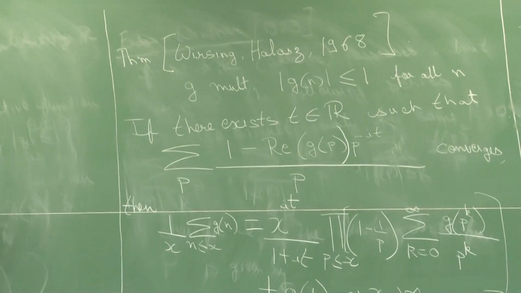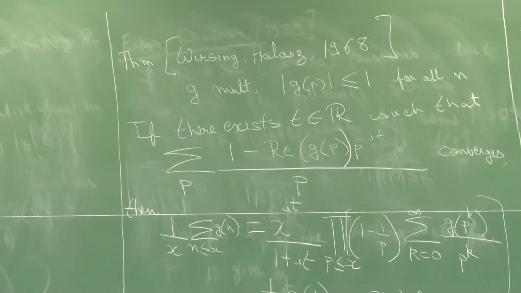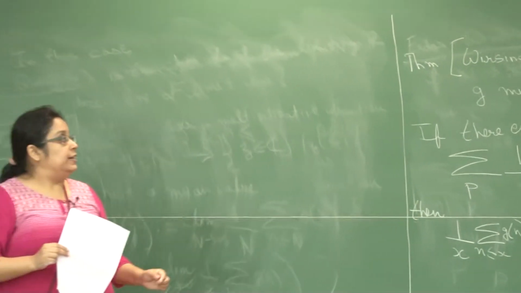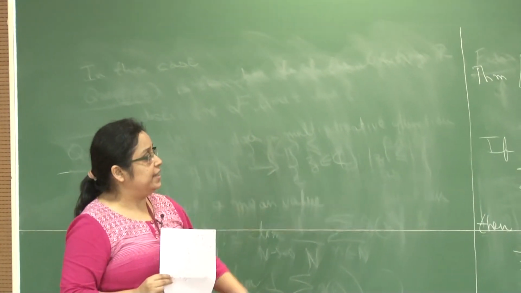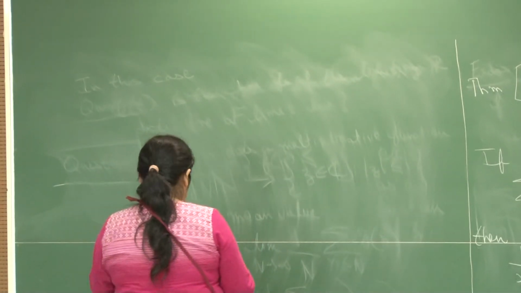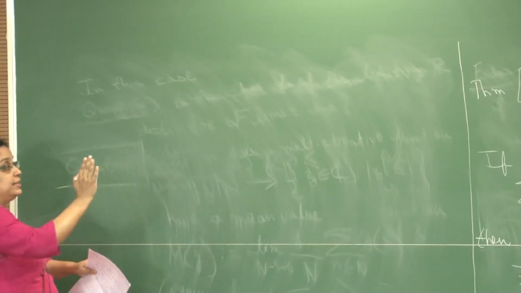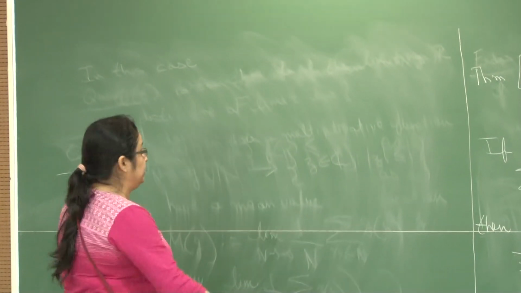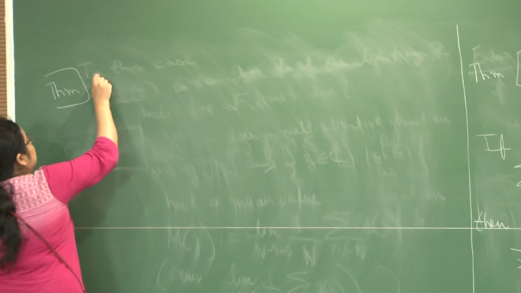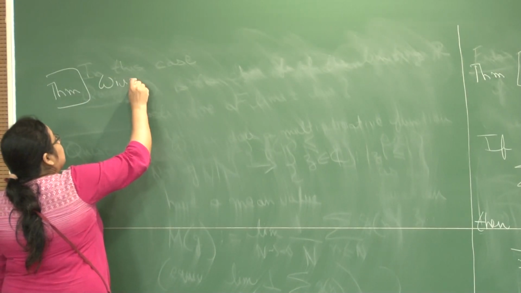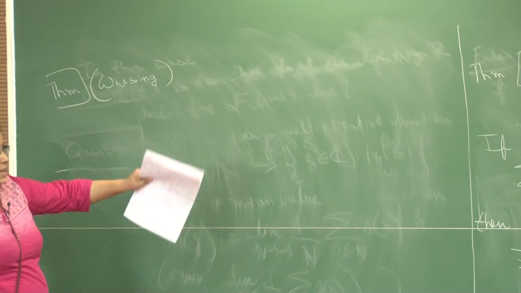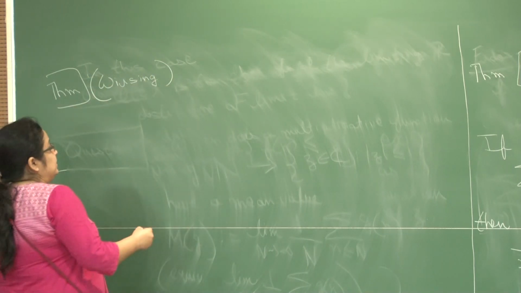So, here is another nice theorem by Wirsing, which addresses those multiplicative functions which take real values lying in the interval minus 1 to 1. This is another theorem of Wirsing, from around the same time, which states the following.